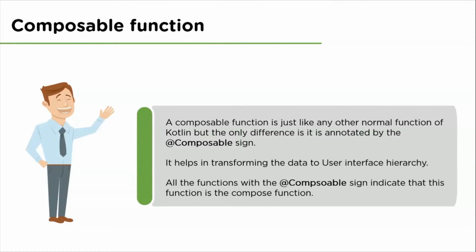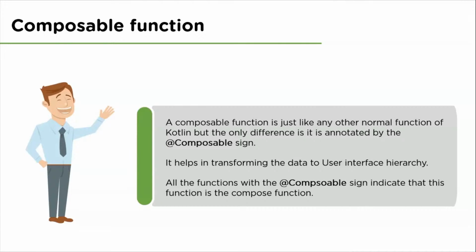All the functions with the composable sign indicate that this function is a compose function, and the sign tells the Compose compiler that this function is intended to convert data into user interface, and they can only be called from other composable functions. A composable function doesn't return any values like a Kotlin function, but instead emits user interface elements to the Compose runtime system for rendering.